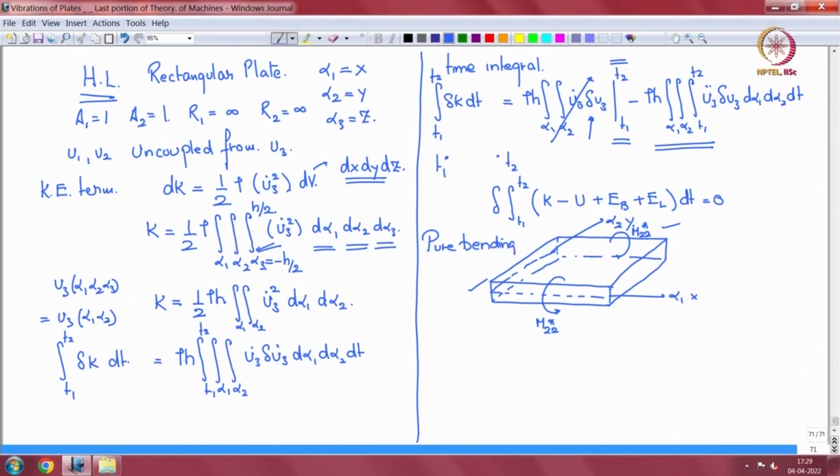Then we can have a vertical shear force resultant, which is Q23 star, and a Q23 star here. These are at alpha 2 constant surfaces.